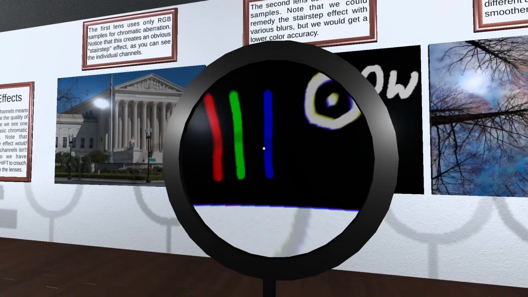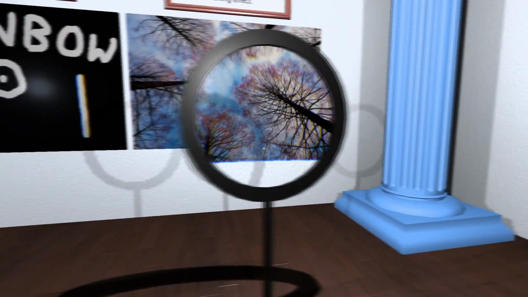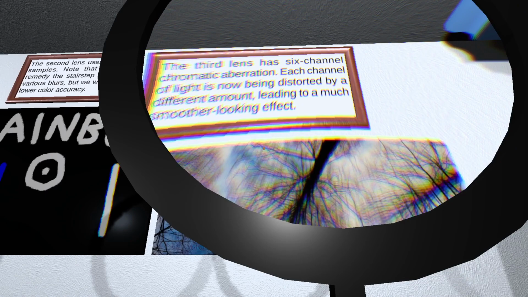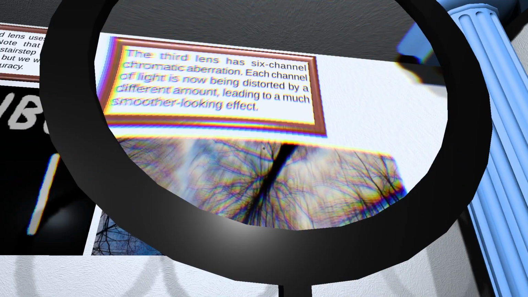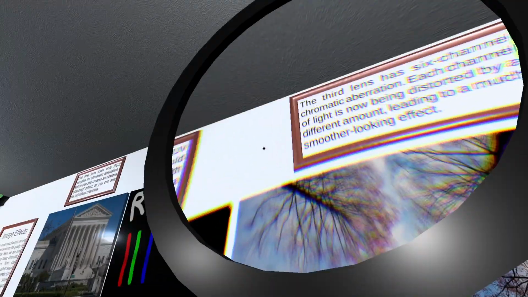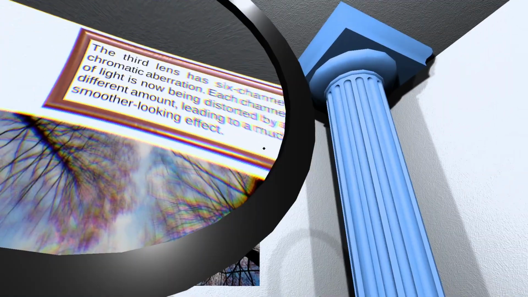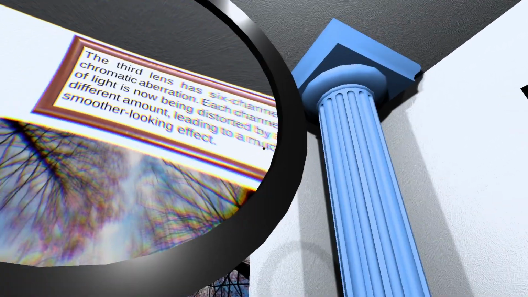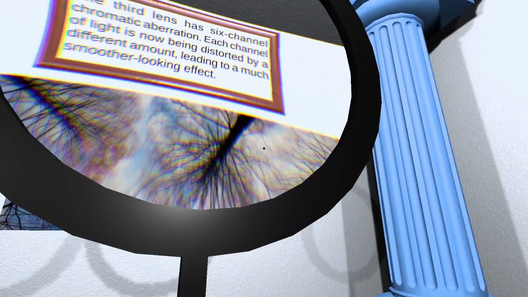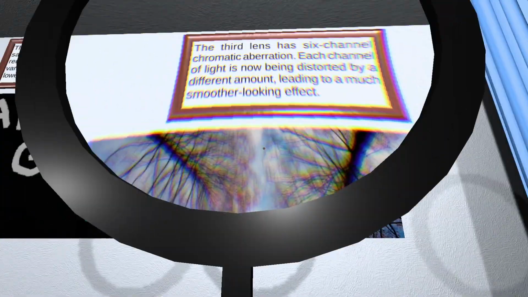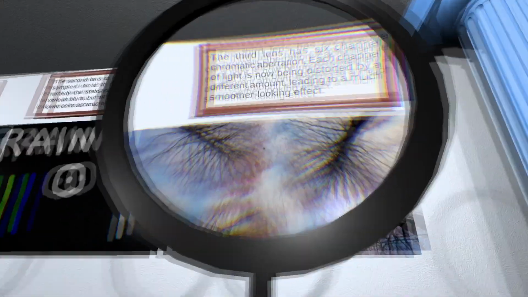So over here, this is now 6-channel chromatic aberration, and you can see the effect looks much better. Now, you do still get some degree of individual images, but because there are 6 of them instead of 3, it looks a lot smoother, and in my opinion, a lot more realistic.